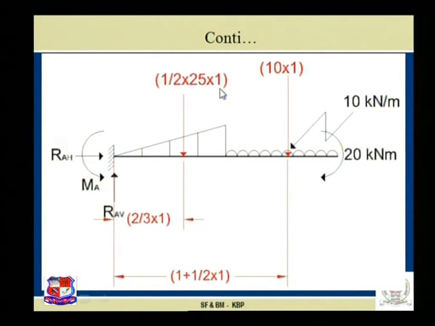The question is where it is acting. This UVL load acts at 2/3 of the base, 2/3 of 1, while the UDL acts at 1 meter plus half of 1, that is 1.5 meter.